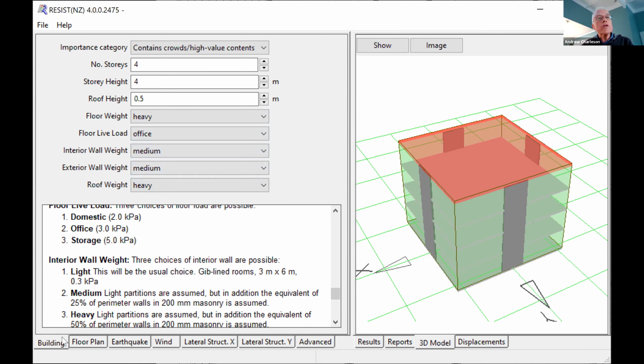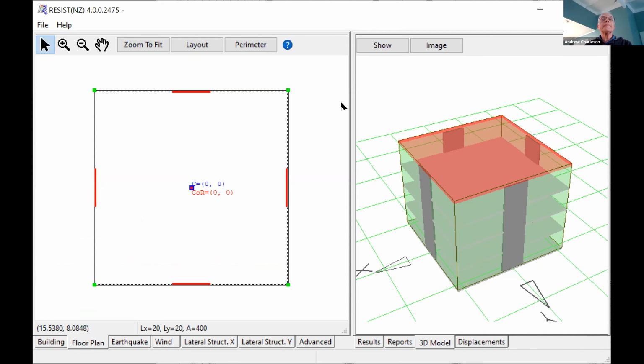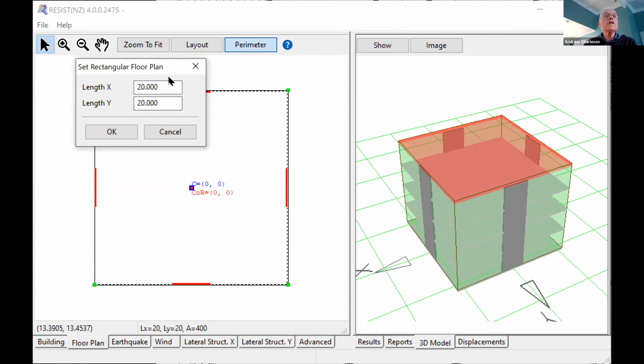The next thing we do is to continue to move along these tabs at the bottom. So we go to floor plan. Now this building is more or less rectangular, about 40 meters by 30 meters.